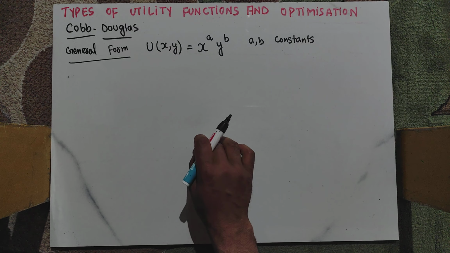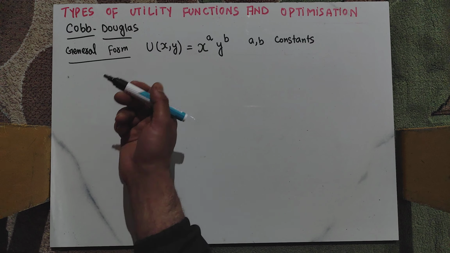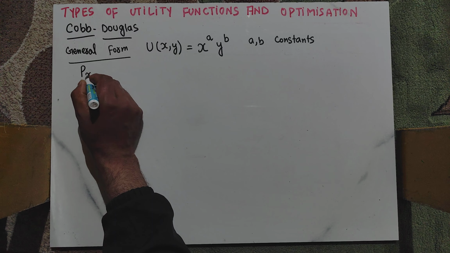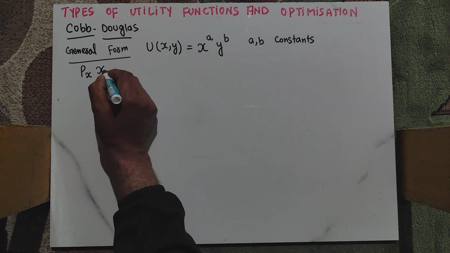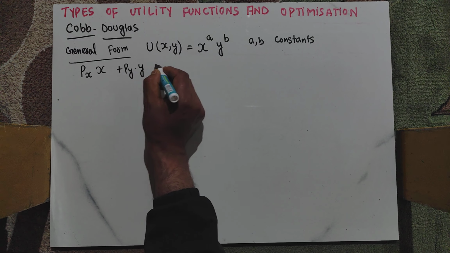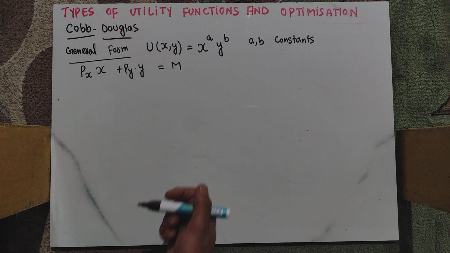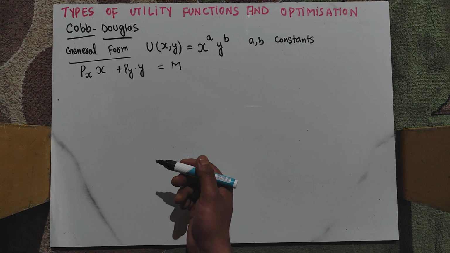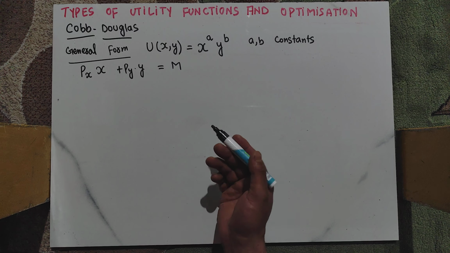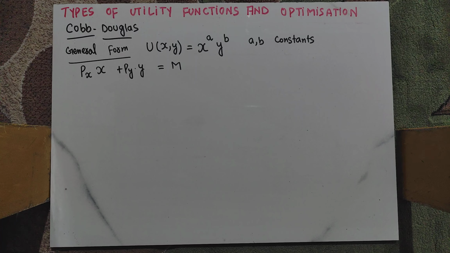Now in this case, let us also assume that we have the budget constraint, that is, price of x times units of good x plus price of y times units of good y, and it should be equal to the income of the consumer. Okay, so given this standard Cobb Douglas utility function, if the consumer wants to maximize his utility, we will take the utility maximization problem.